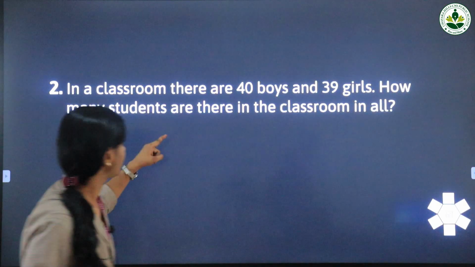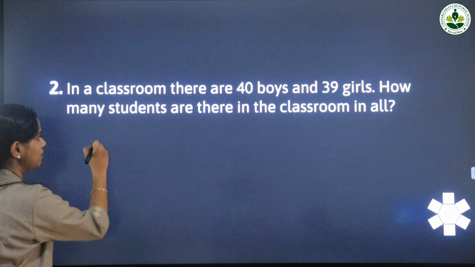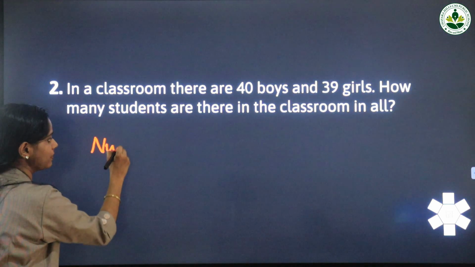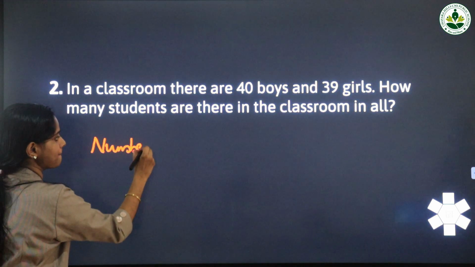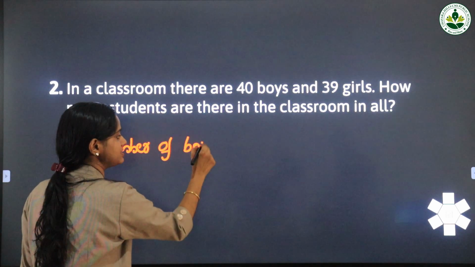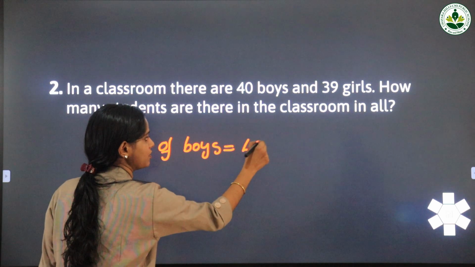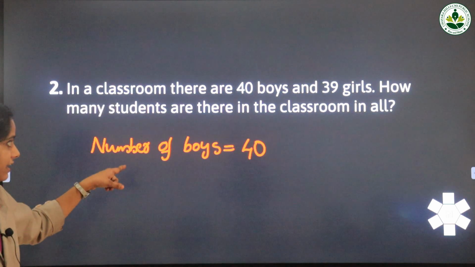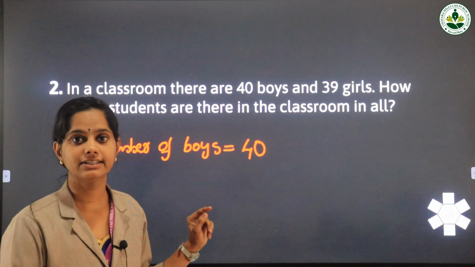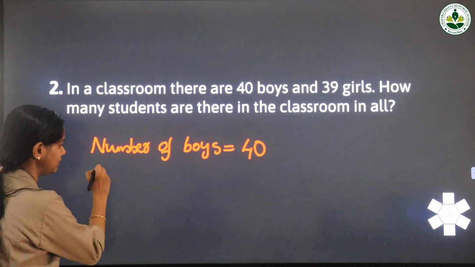The number of boys is equal to 40. The number of girls is equal to 39.